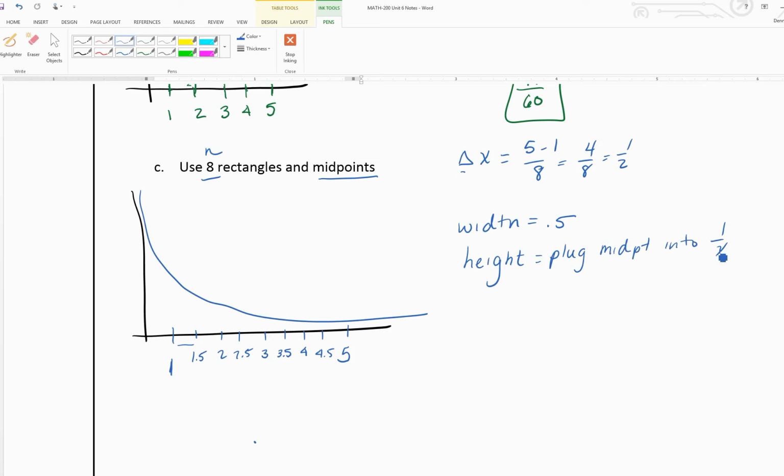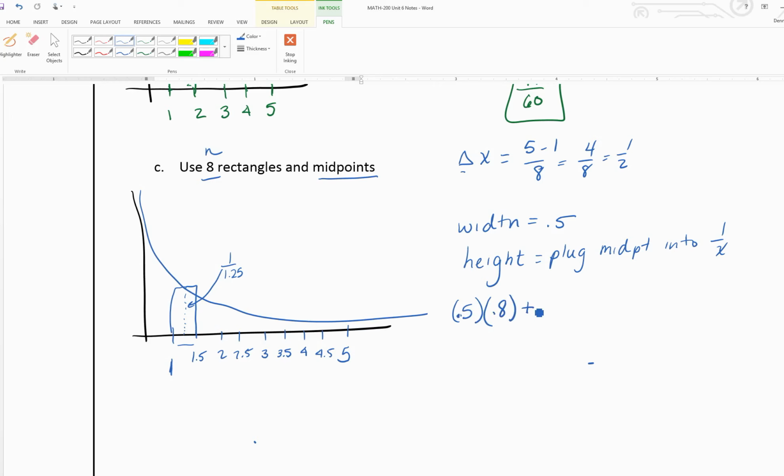Okay, and you can use the table on your calculator to help you with those calculations. So the midpoint between 1 and 1.5 would be 1.25. So we'd go up and hit the graph. And this height of this rectangle would be 1 over 1.25. So that first rectangle would have a width of 0.5 and a height of 1 over 1.25, which is the same as 4/5, or 0.8.